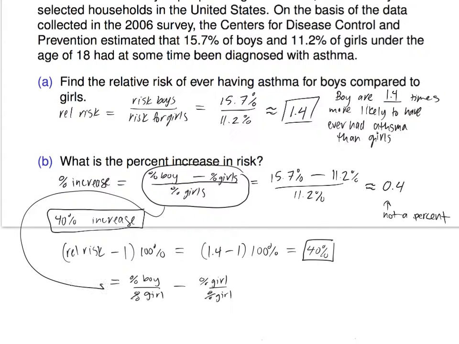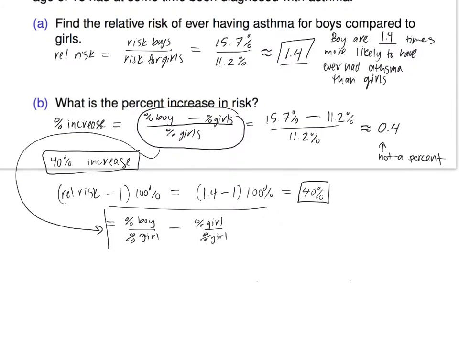Do you see that the percent boy over percent girl, that really was just this relative risk thing that we did? And what is percent girl over percent girl gonna be? 1. So that's where that formula came from. So that's why it's the relative risk. And then the whole times 100% is just so that you get a percent as your answer.